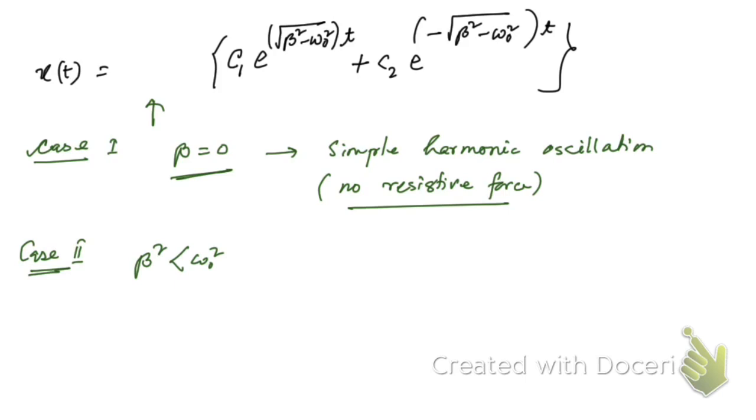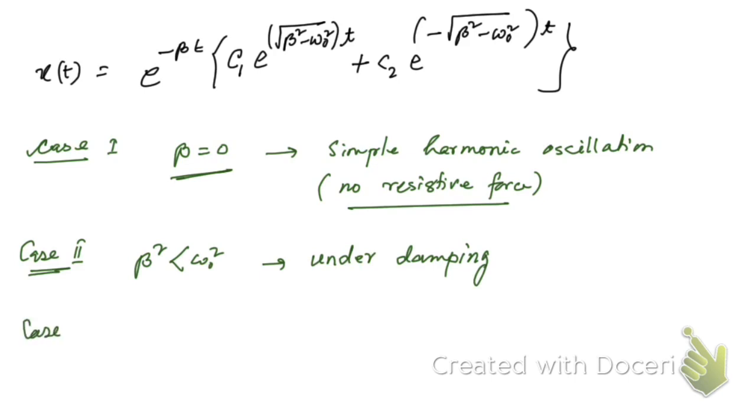But now beta is not equal to 0. When this part is missing, the oscillation is simple harmonic, but with this term the oscillation is dying with time, like this. This is damped oscillation. It is dying with time, so it is called underdamping.